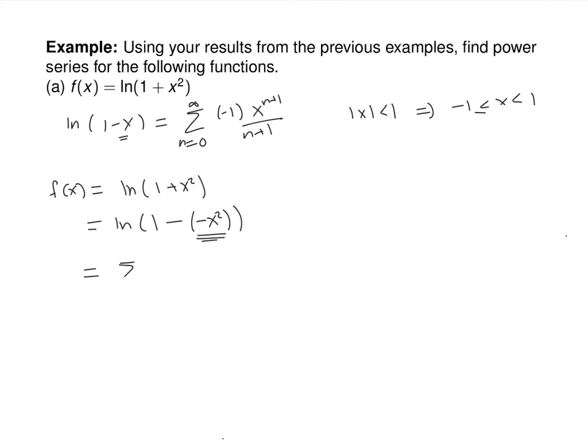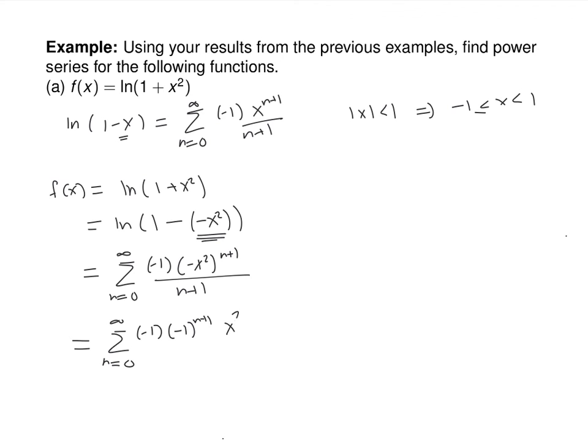So a power series representation there is a sum from n equals 0 to infinity, negative 1 times negative x squared to the n plus 1, all over n plus 1, or a sum from n equals 0 to infinity, negative 1 times negative 1 to the n plus 1, x to the 2n plus 2, because those exponents multiply, over n plus 1.